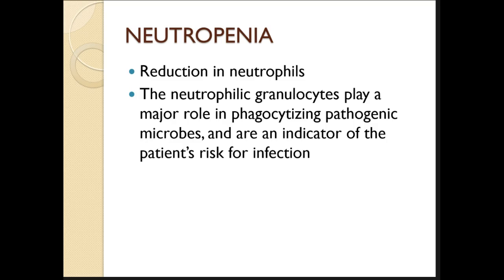Neutropenia is defined as an ANC less than 1,000 cells, because normally neutrophils range from 2,200 to 7,700 cells. Severe neutropenia is defined as an ANC less than 500 cells when calculated.